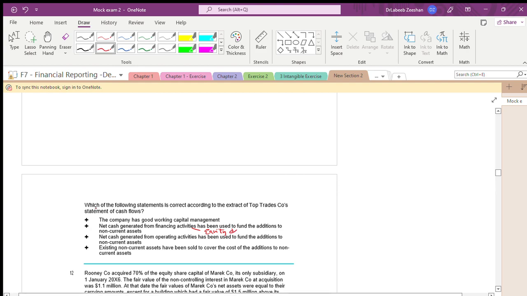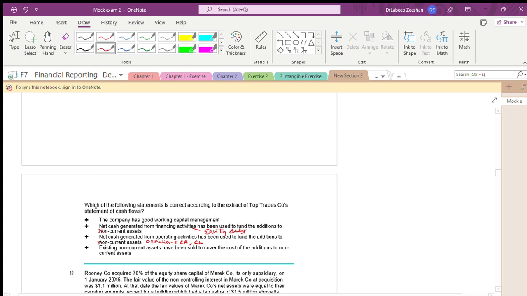It is not non-current assets. Net cash generated from operating activities has been used to fund additions. No, net cash in operating activities is from operations plus current assets and current liabilities. It is not non-current assets.